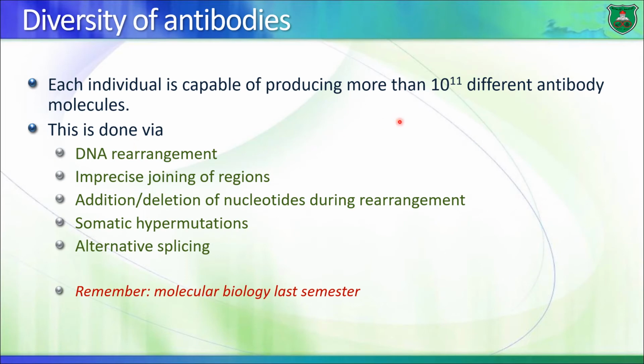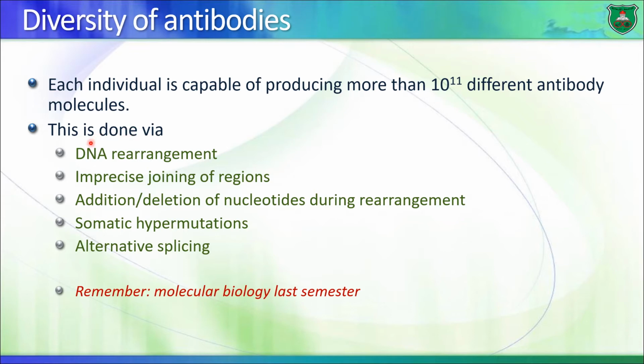Now, if you remember in the molecular biology course, briefly, I talked about diversity of antibodies, saying that we can produce a lot of different antibodies having different sequences. 10 to the 11th different antibody molecules can be produced, even more than that.